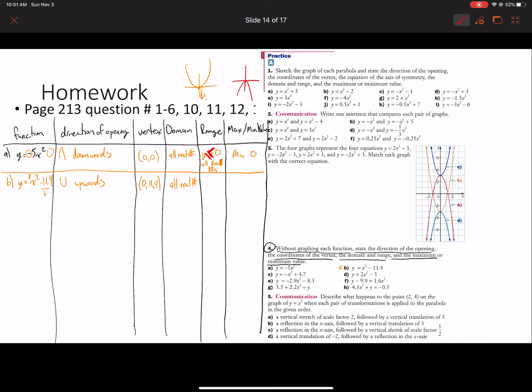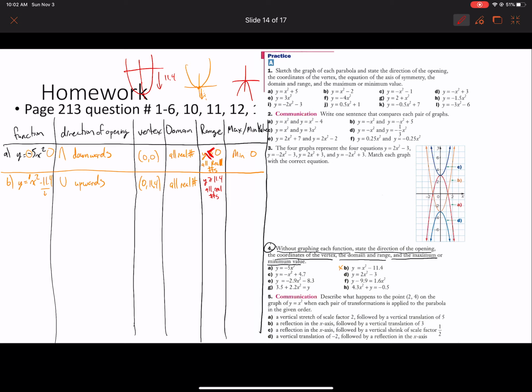In this case, because this opens upwards, I know it said without graphing, but let's just graph so you can understand how I got it. It opens upwards, but it's been shifted down 11.4. So y is greater than or equal to negative 11.4. All real numbers.